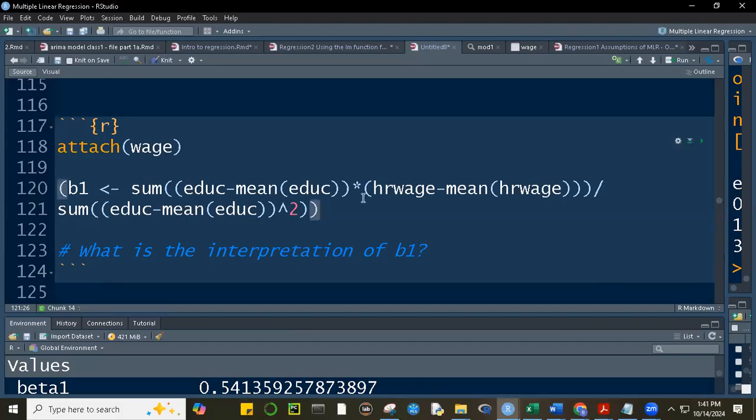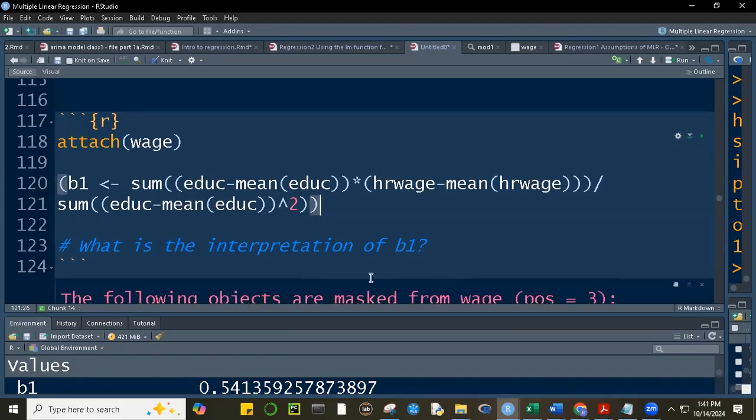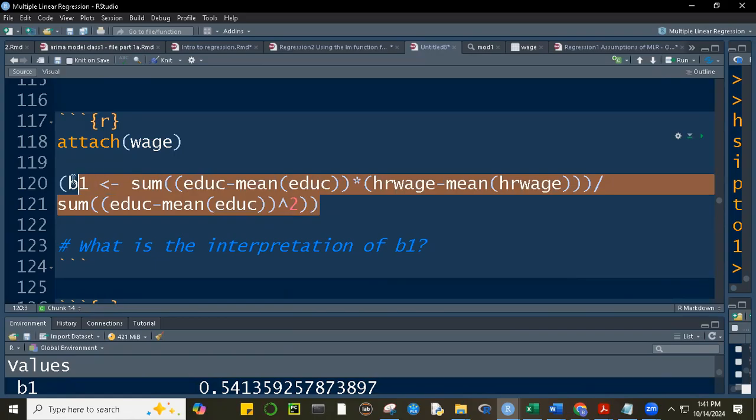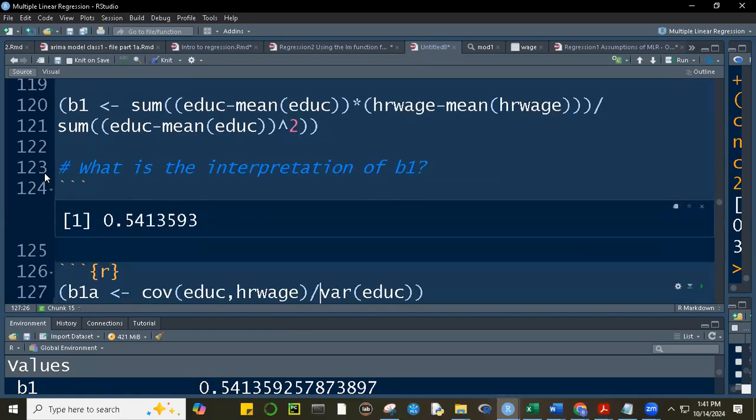All right, so we can run this now. Naka-attach pa yung sa wage, then R will understand this. Okay, ano sabi dito? Bakit ako nag-error? May mali ba ako dito? Control Enter. There, 0.54. Okay? 0.54 siya.